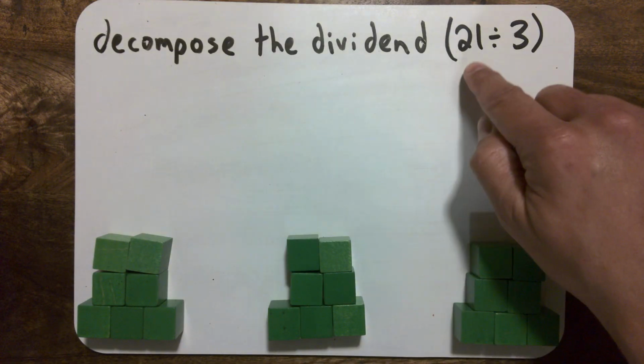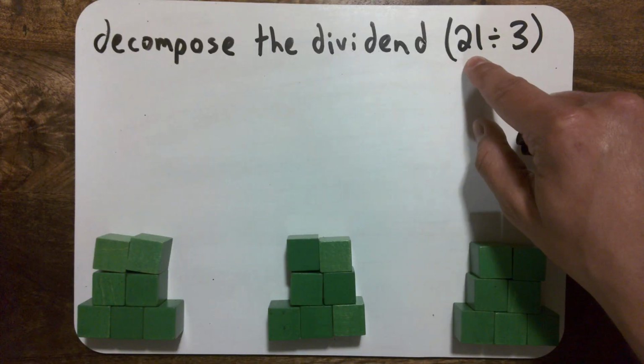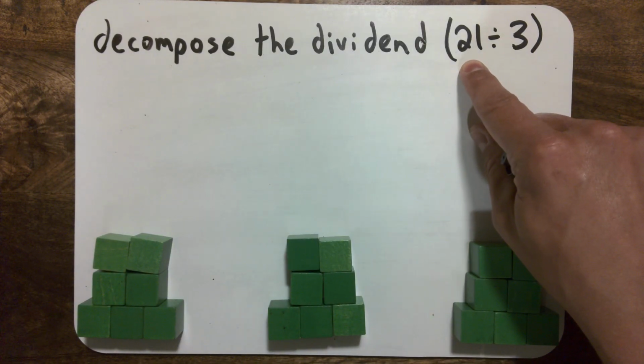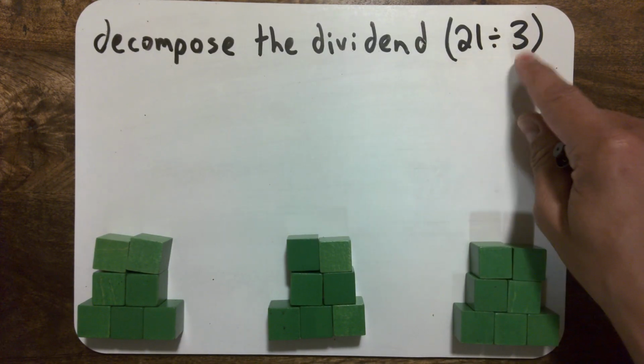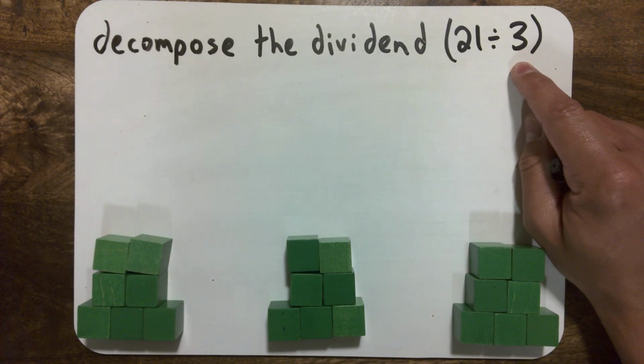Okay. So with this strategy, it's important that we can only decompose that dividend. We can't decompose the divisor, because we won't have equal groups by the end.